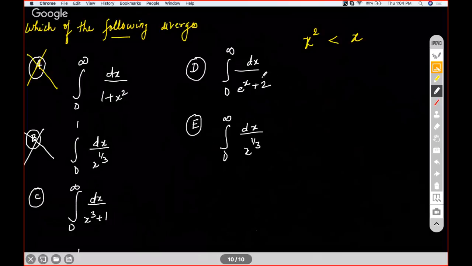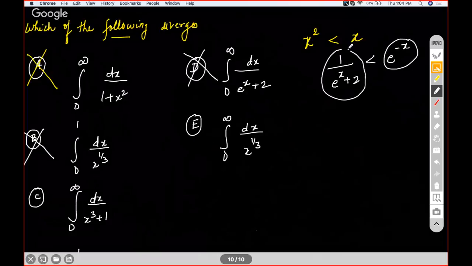This will definitely converge. Why? Because 1 by e to the power x plus 2 is less than e to the power minus x. So if this converges, this will also converge. So this cannot be the answer. So I'm trapped between C and E.